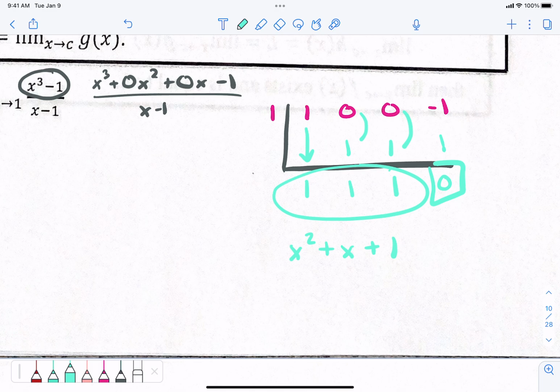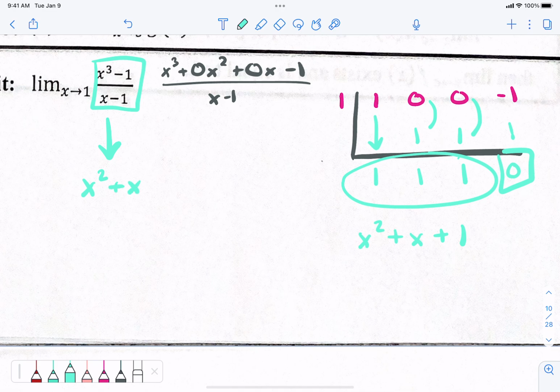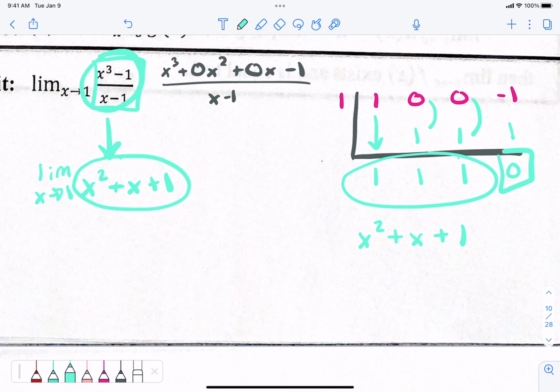So what this means is that x cubed minus 1 divides out and is equivalent to x squared plus x plus 1. It divides out. Like it's gone now. So for all intents and purposes, I can evaluate the limit of this thing instead of evaluating the limit here, right?